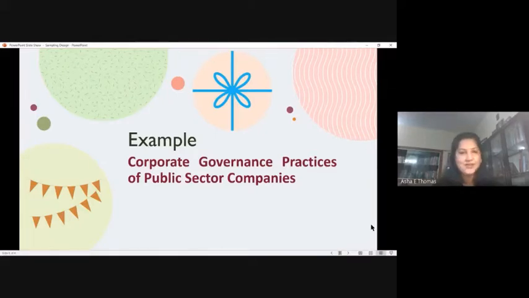So that can be the scope for future researchers who are planning to look into the corporate governance practices of public sector companies. The scope for continuing with this research, because me as a researcher has covered the companies which are engaged in cement manufacturing, and I've said that these are the types of activities, corporate governance practices being followed by cement manufacturing companies in Kerala.